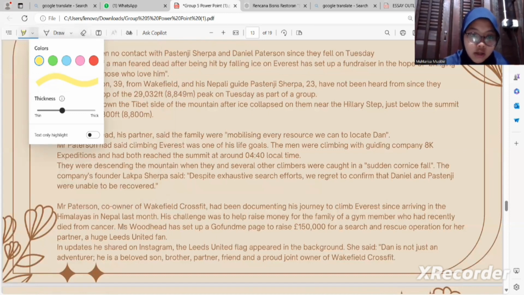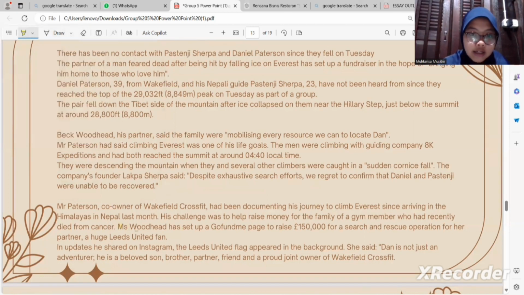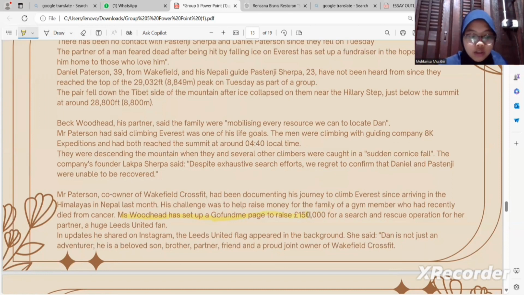So we can see here, Miss Woodhead has set up the GoFundMe page to raise £150,000 for search and rescue operation for her partner.